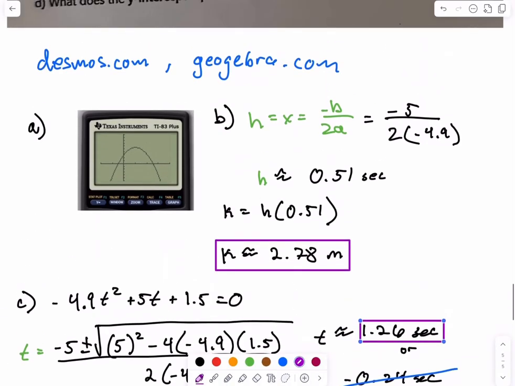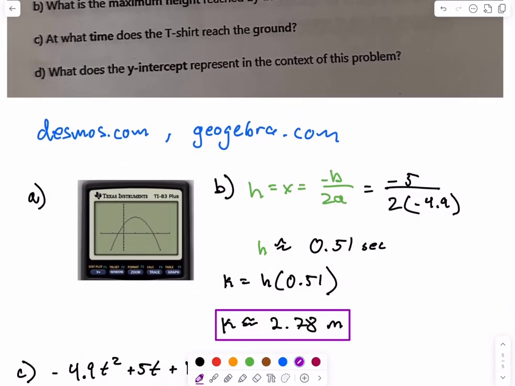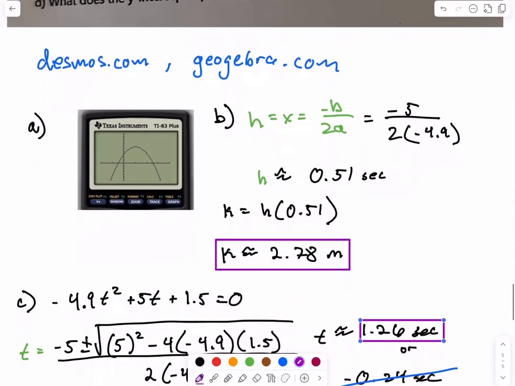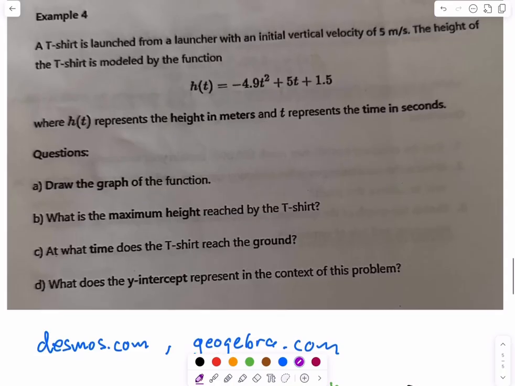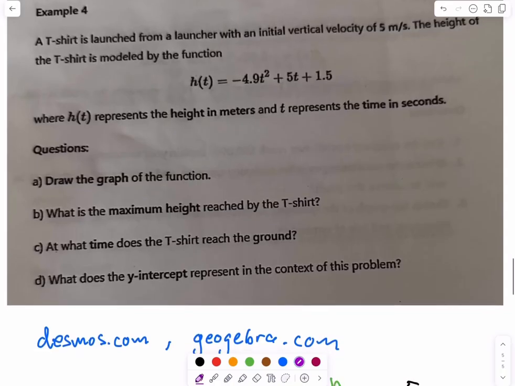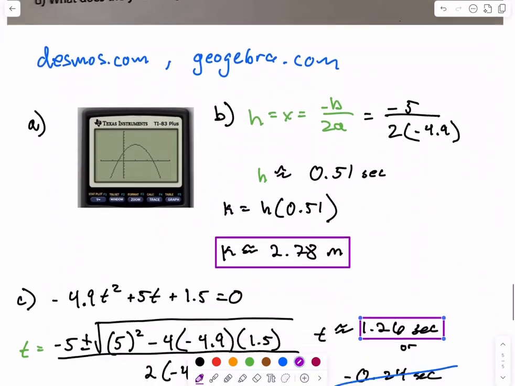Okay. And then what does the y-intercept represent? The starting position of where the shirt was launched from, at a height of 1.5 meters.